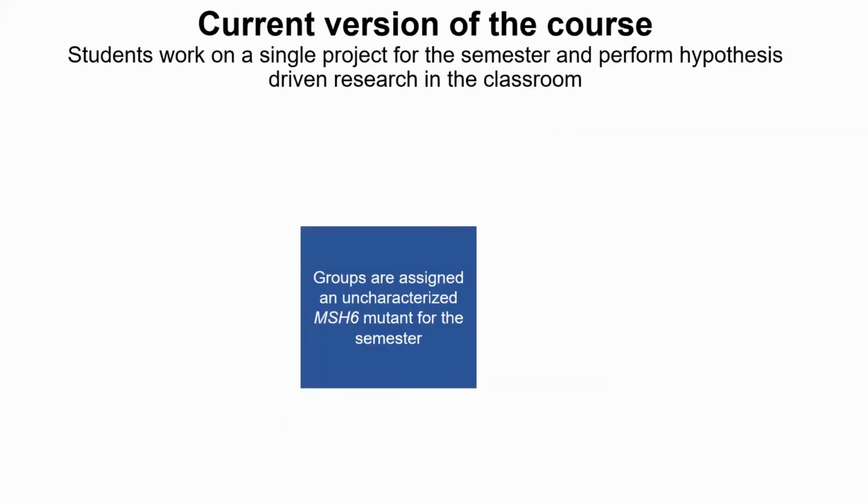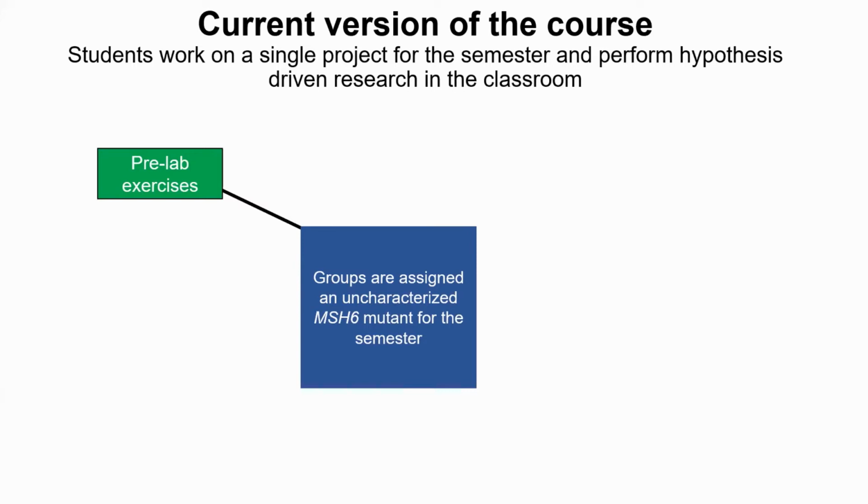The students work in groups. They are assigned an uncharacterized MSH6 mutant for the semester. Essentially, we identify mutations in humans that have Lynch syndrome, which is a cancer syndrome. Then they either make the mutation or we give them the mutation on a plasmid at the equivalent position in the yeast gene so they can do analysis. They do pre-lab exercises to force them to look at the information before they come to lab.